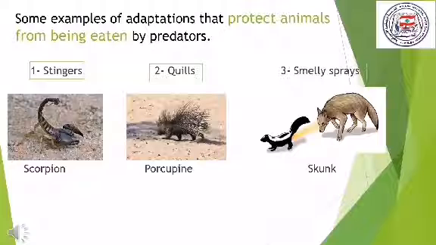Now we're going to talk about some examples of adaptations that protect animals from being eaten by predators. Some animals have stingers, like the scorpion, bees, and jellyfish, in order to protect themselves when a predator comes close to them. Other animals have quills, like the porcupine. Other animals have smelly sprays, like the skunk, which sprays a stinky smell when a predator comes close to them.